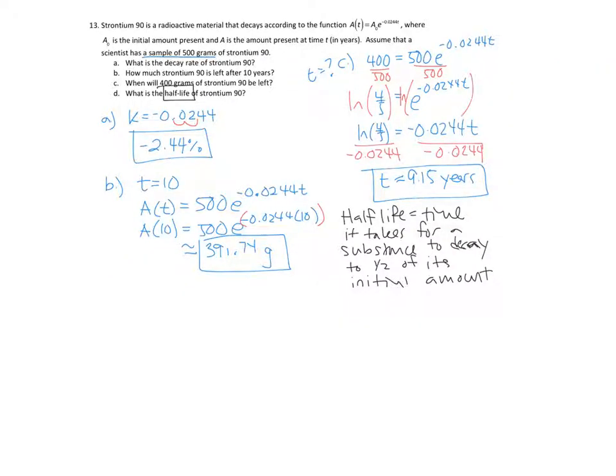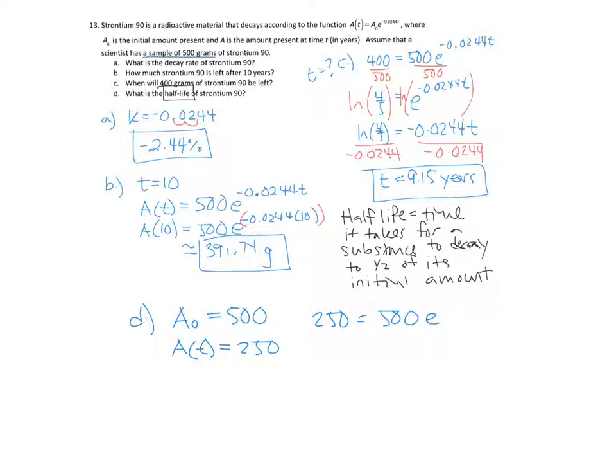In this problem, we started off with an initial amount of 500 grams. So we want to know when it will decay to half that amount, or when A of t is equal to 250 grams. So we plug in 250 for A of t, because that's half of the initial amount. The initial amount is still 500.